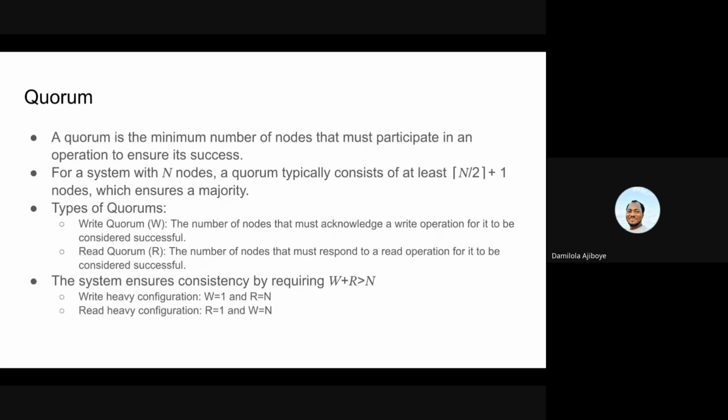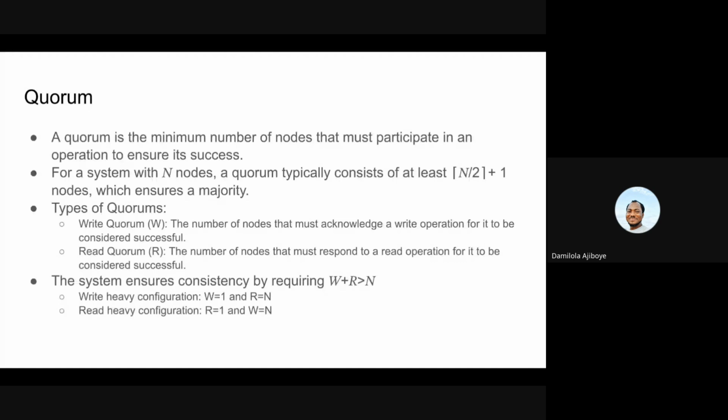So in a system with n nodes, a quorum typically is at least n/2 + 1. Pretty much a majority of the nodes in the network makes a quorum. And so what are the types of quorum? We have write quorum and read quorum. Write quorum is the number of nodes that must acknowledge a write operation, and read quorum is the number of nodes that must respond to a read operation.